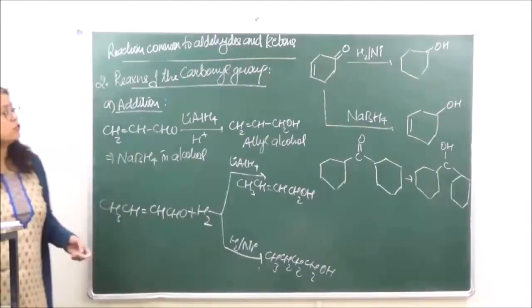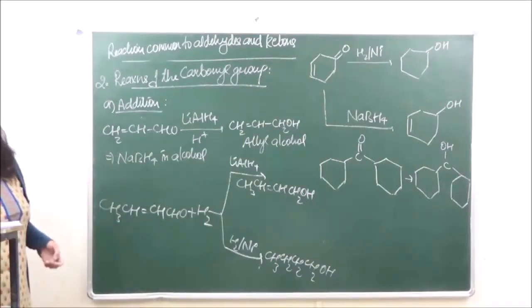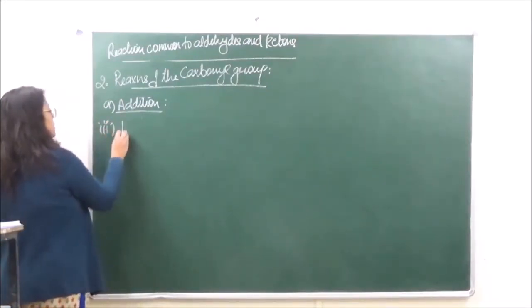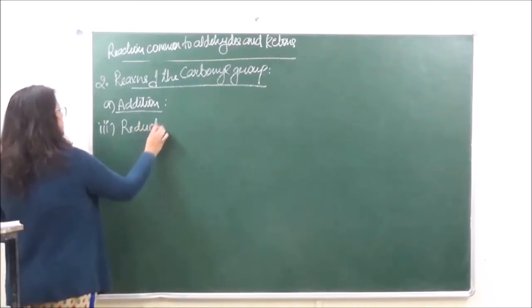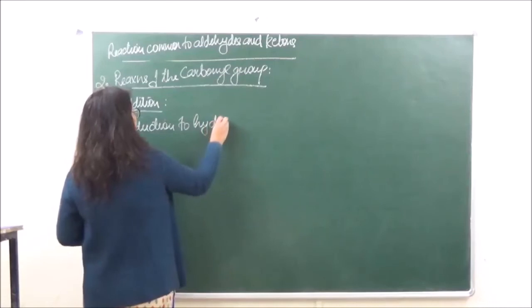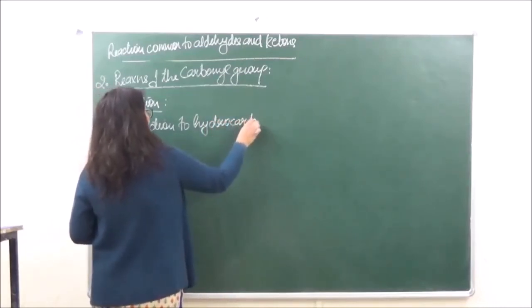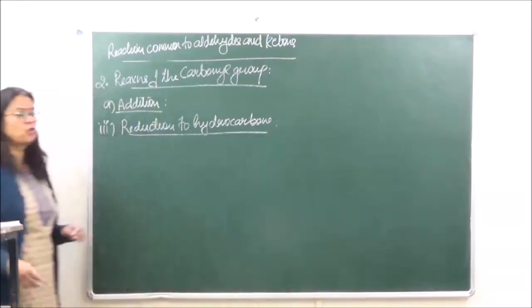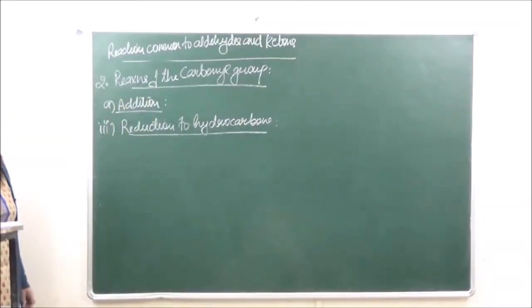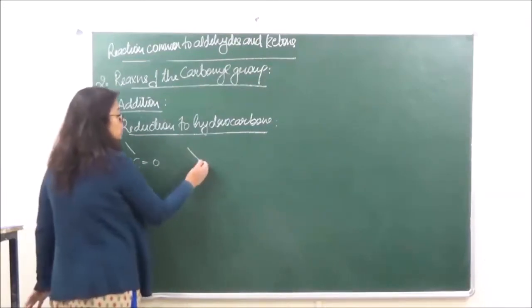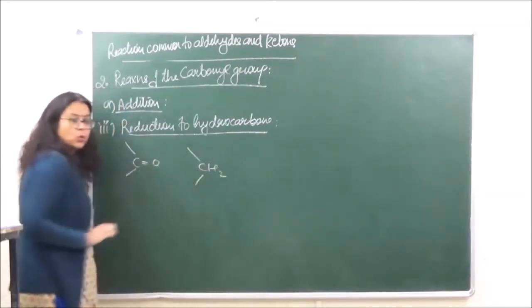Then next we are going to do the third type of reaction over here, reduction to hydrocarbons. Now over here the C double bond O, that is going to get reduced to CH2.